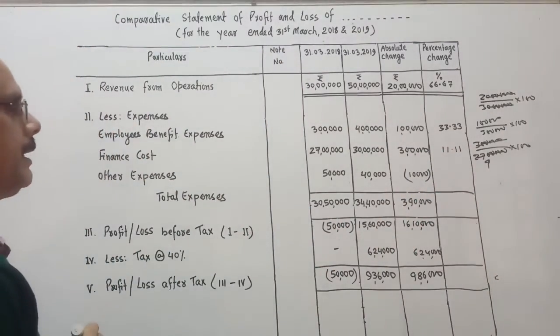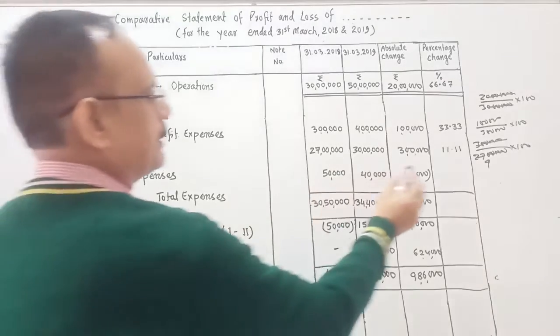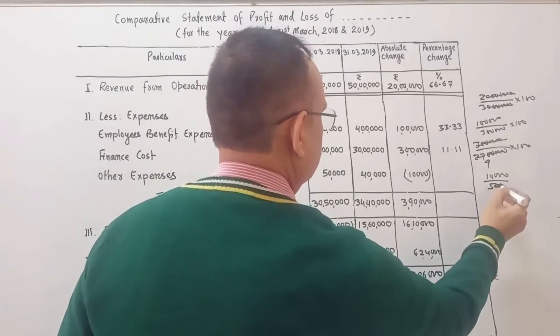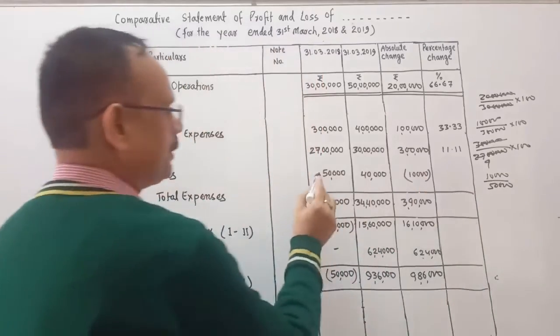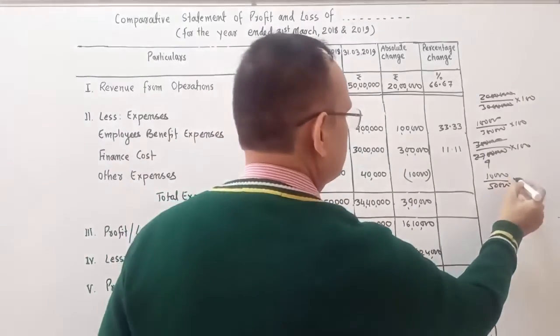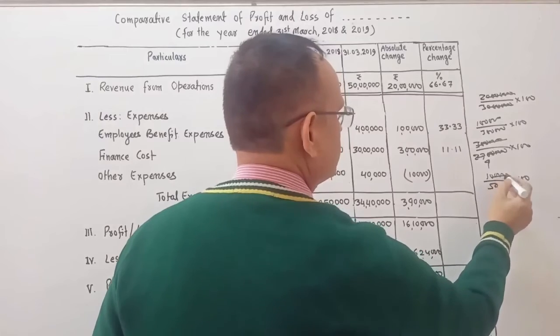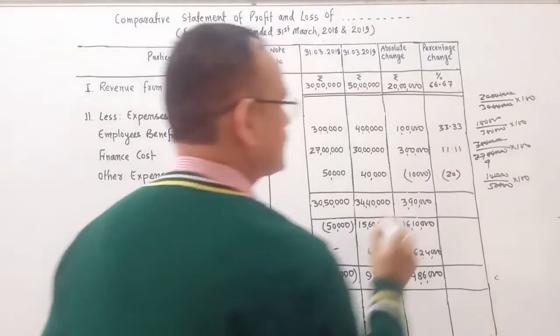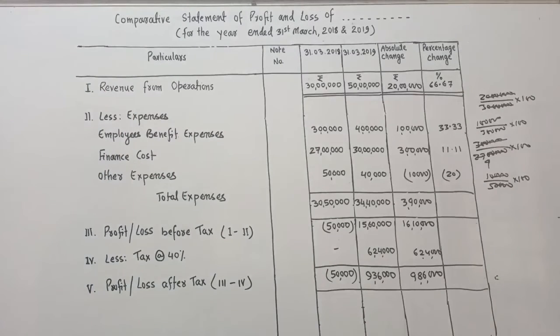Next is 10,000 upon 50,000: absolute change 10,000, previous year figure 50,000, into 100. So it is 20%, but this is in minus.